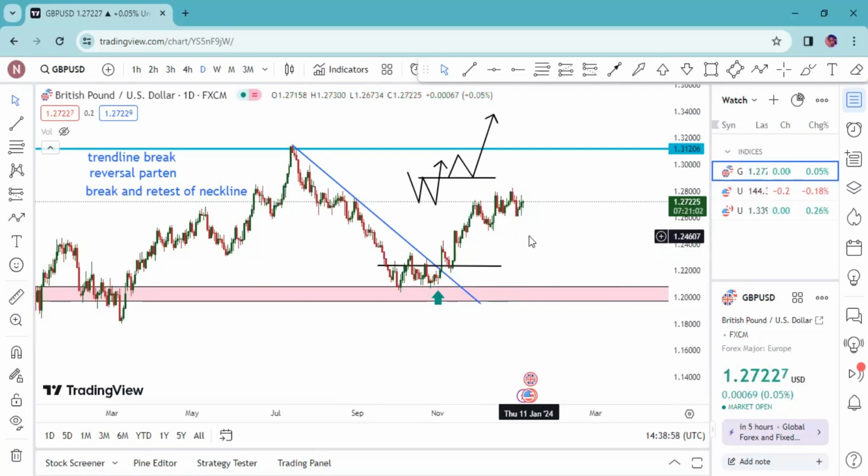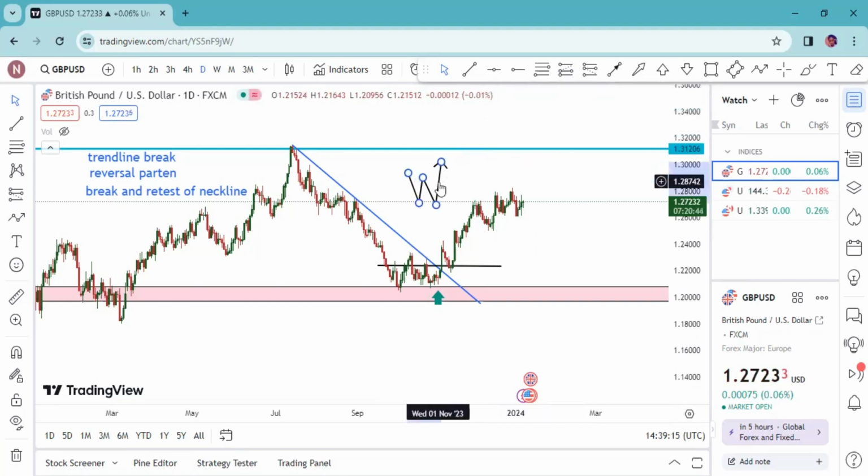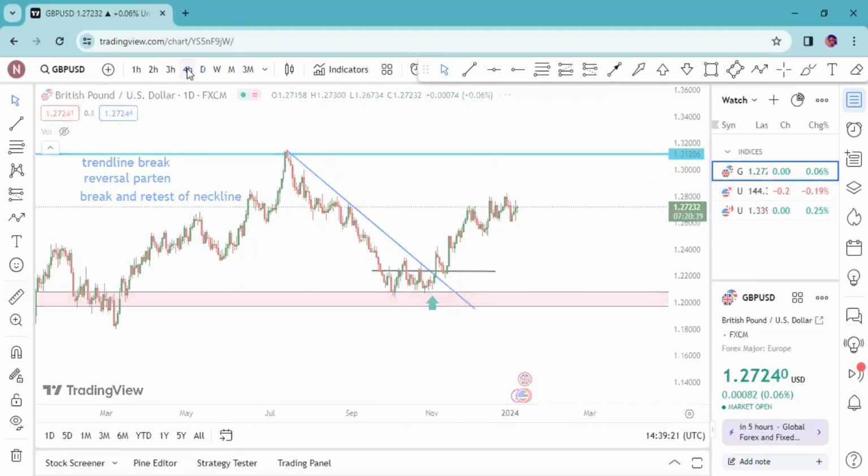I now move to 4 hour. I am done with monthly, I'm done with weekly, I'm done with daily. I'm now going to 4 hours, to the 4-hour candle, to place my trade.